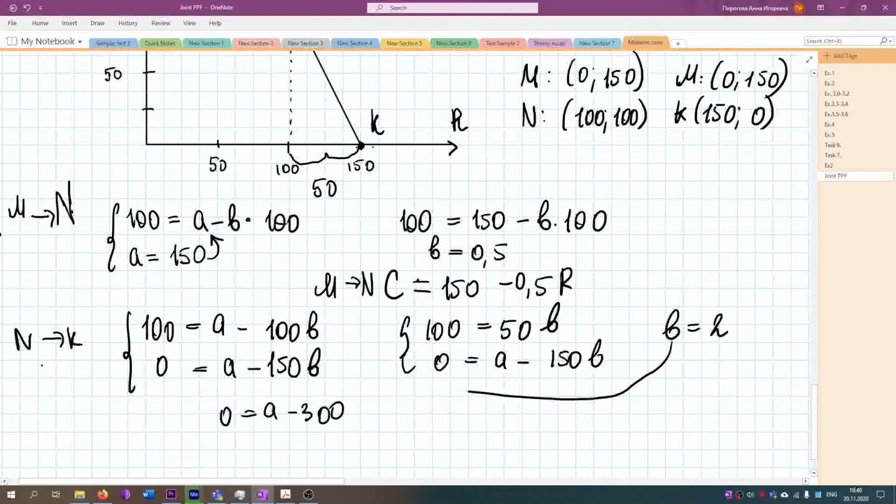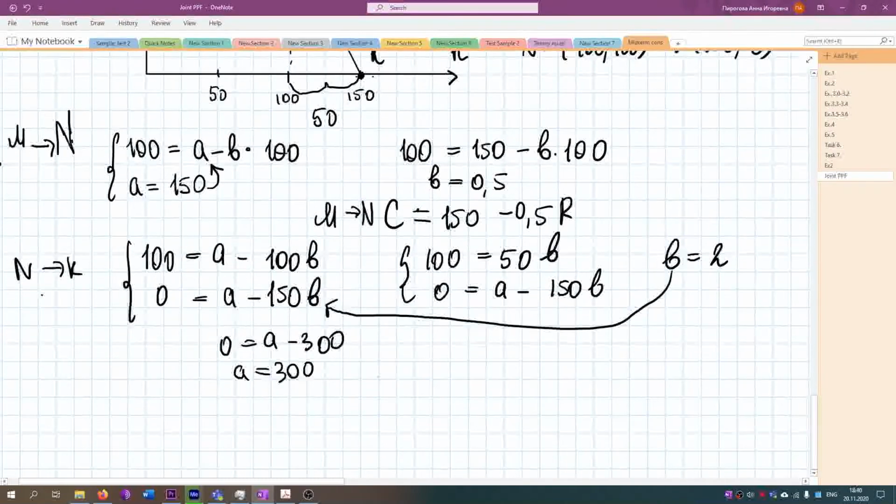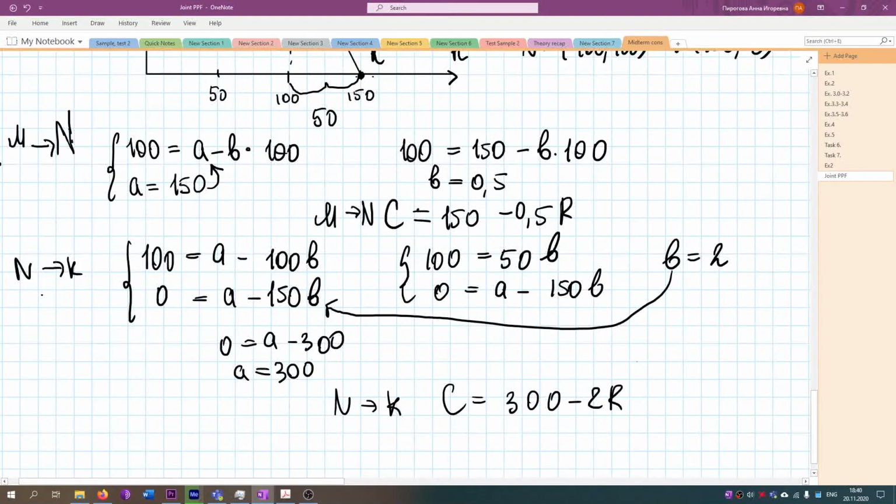So we put B into this equation, and A is equal to 300, and our equation of the line from N to K is C is equal to 300 minus 2r.